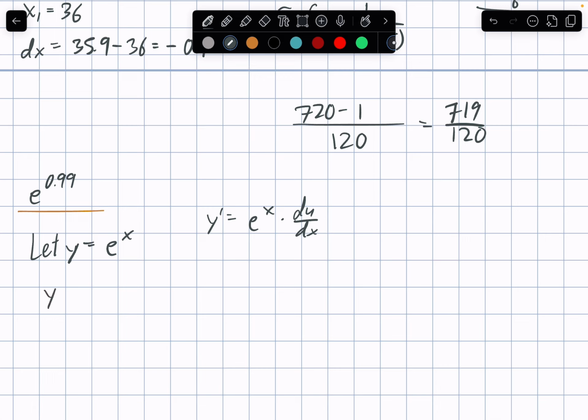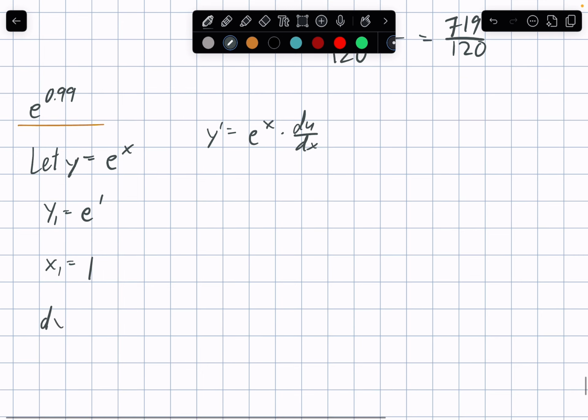So y1, let's try e raised to 1. For x1, try 1. dx 0.99 minus 1, negative 0.01, or 1 over 100. Don't forget the negative sign. Very crucial.